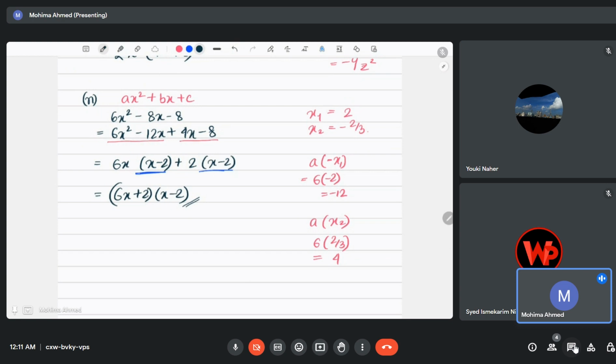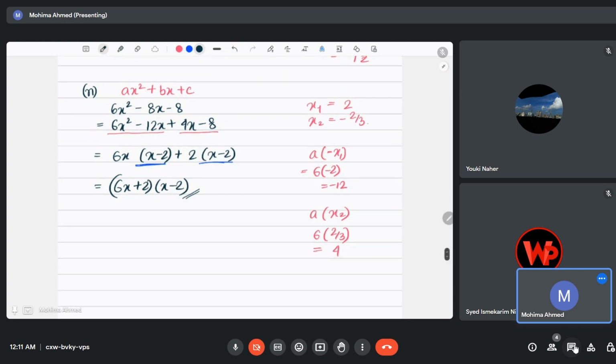Now, if the question had given you an equation like this, maybe, wait, I made a mistake. We're supposed to take 2 common, right? Okay. If the question doesn't have any equals to 0, then you're supposed to end your working up to this.